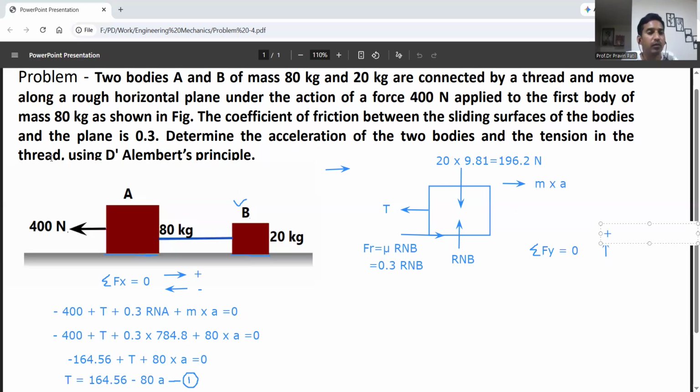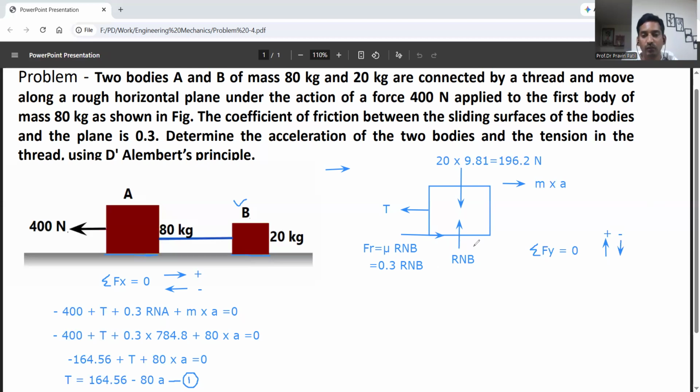The direction of force downward will be negative. Then summation Fy is equal to 0.